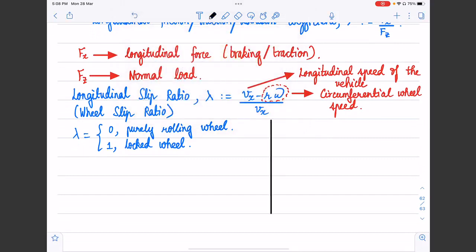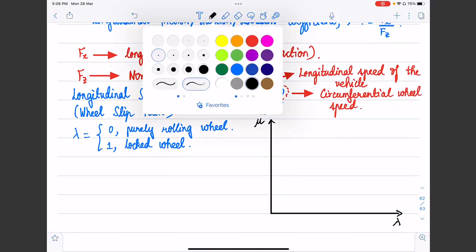Now, it so turns out that the longitudinal friction coefficient varies with lambda in this manner. Let me plot what this variation is.